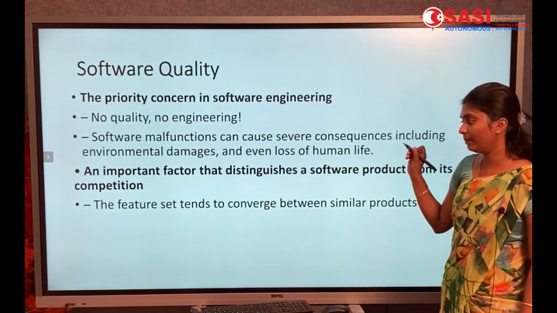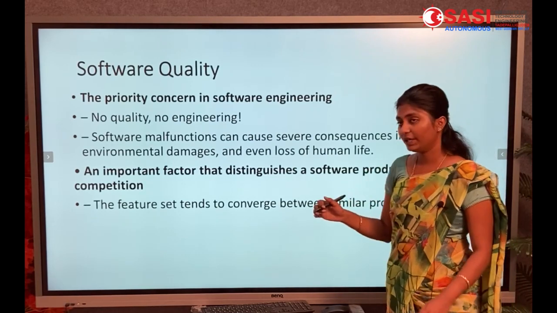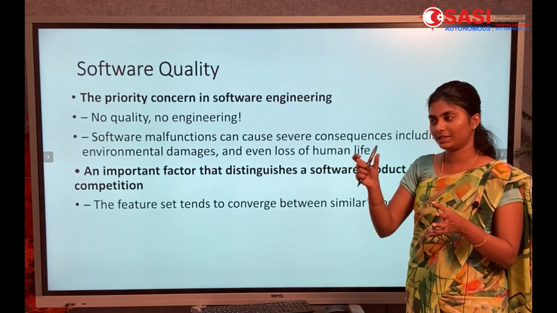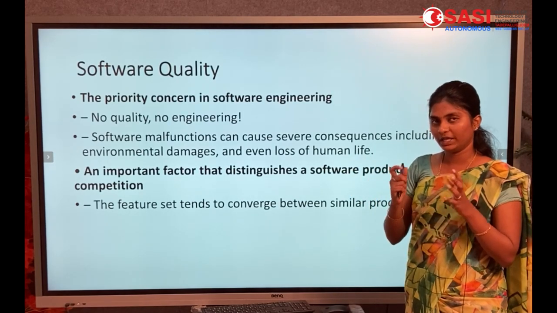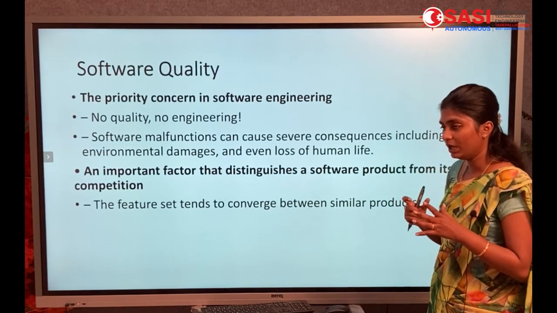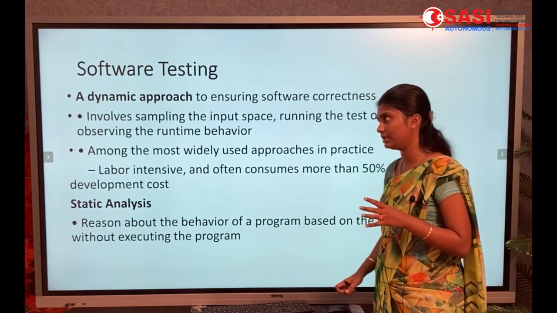Next, the main important factor in software production is that sometimes bugs look similar, but each and every bug is unique. So we have to minimize them in the first process only, which is requirement analysis.